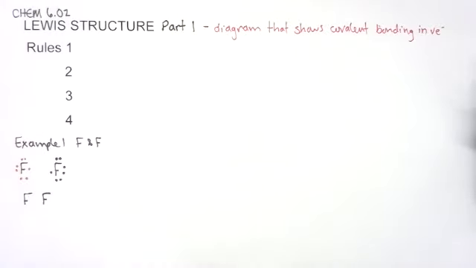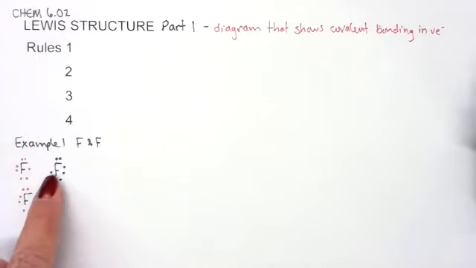The left fluorine has its electrons in red, and the right I'm going to do in blue. If I count the electrons around each of these fluorine, and these represent the nuclei, so this represents the nucleus of the atom, over here I had 7 and over here I had 7, but look what happened now. I've got 1, 2, 3, 4, 5, 6, 7, 8. And over here I have 1, 2, 3, 4, 5, 6, 7, 8.